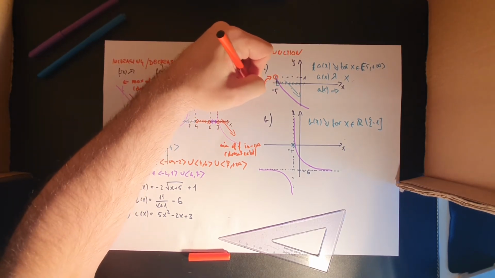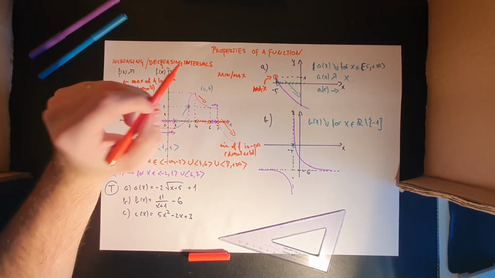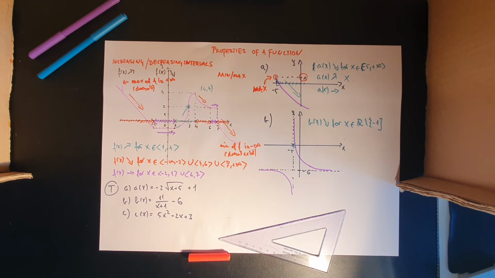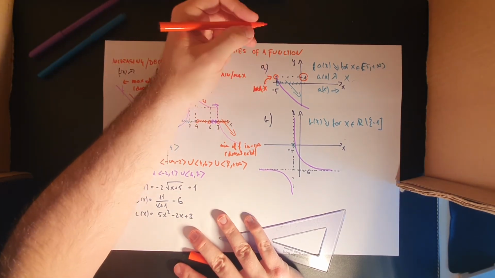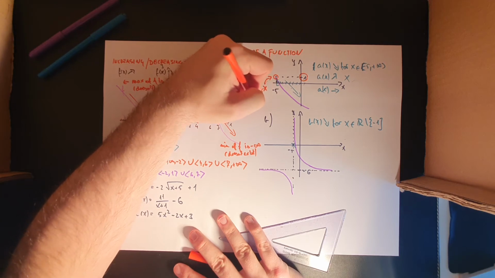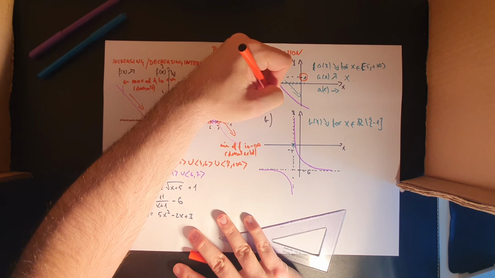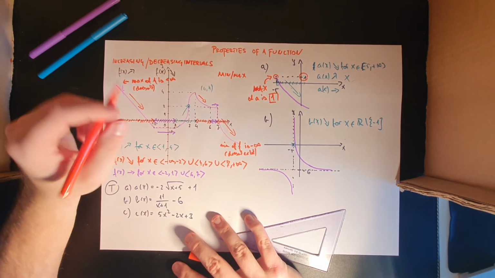So here is the maximum. Of course, the maximum value of the function is its y value. So we are looking at the values of the function, and we are looking at the maximum. So the max of function a is 1. And this is it. So 1 is the maximum value.